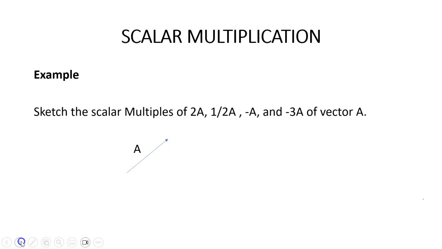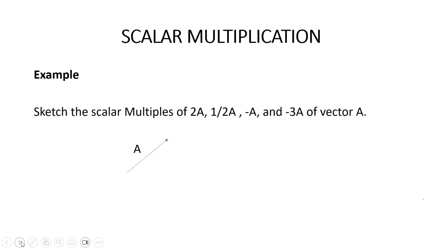That's what that defines. Now let's look at one of these examples here. This is a scalar multiplication. We have A. This tells us from here to here is A. So we want to sketch out the multiples based on their values.